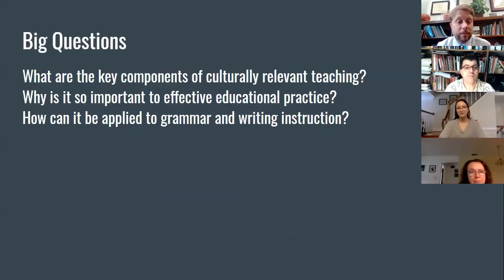So our big questions for today: we're considering the key components of culturally relevant teaching. What are the major attributes of culturally relevant teaching? What makes it what it is? And then that logically extends to our next question. Why is it so important to effective educational practice? Why is culturally relevant teaching so significant and so important to effective teaching?